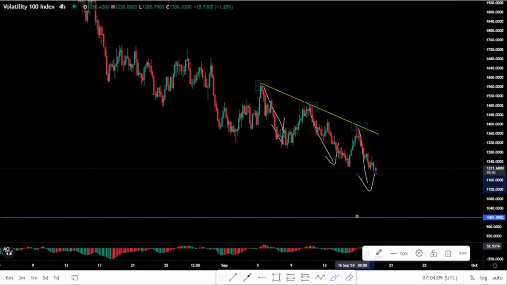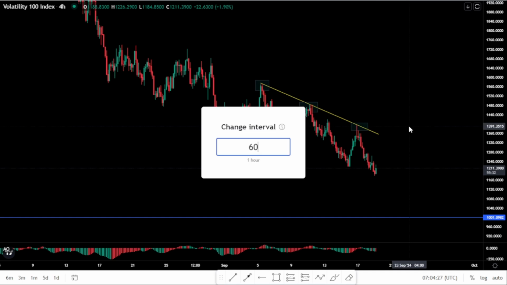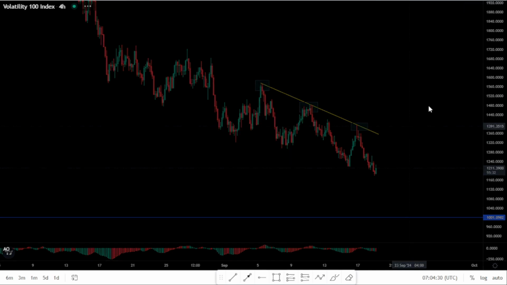So the question to ask ourselves is, how could we have captured this move? Every time the market comes to those levels that are our levels of interest, how would we have been able to get this move? From there, let's move to the 1 hour time frame, where we are going to find our entry.